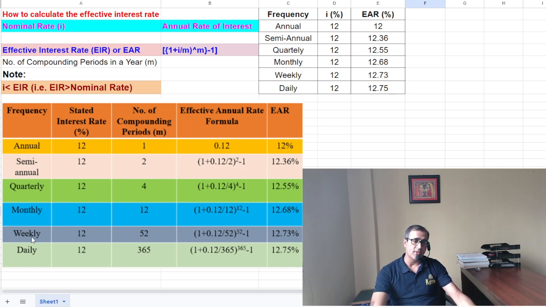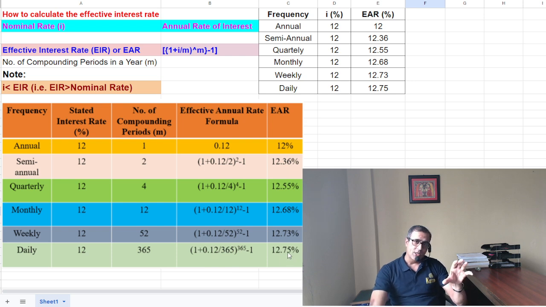If this is the weekly case, you just adjust 1 plus I divided by 52, the weeks in a year, so M is 52. If this is the daily case, and the number of days in a year is 365, then in this case you will have 12.75.